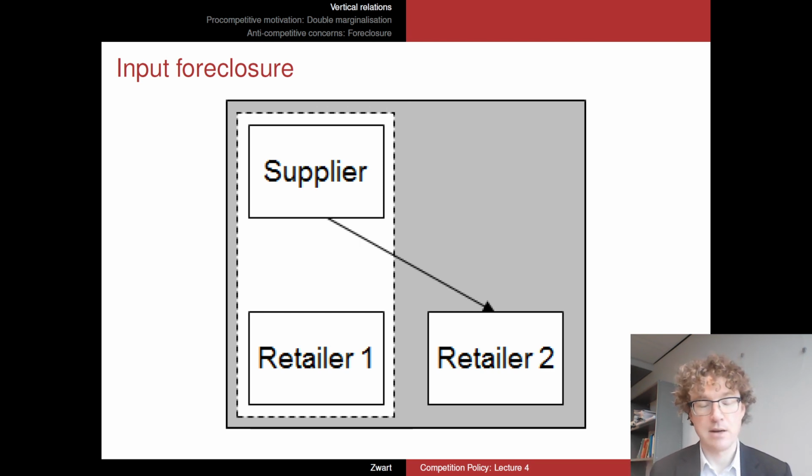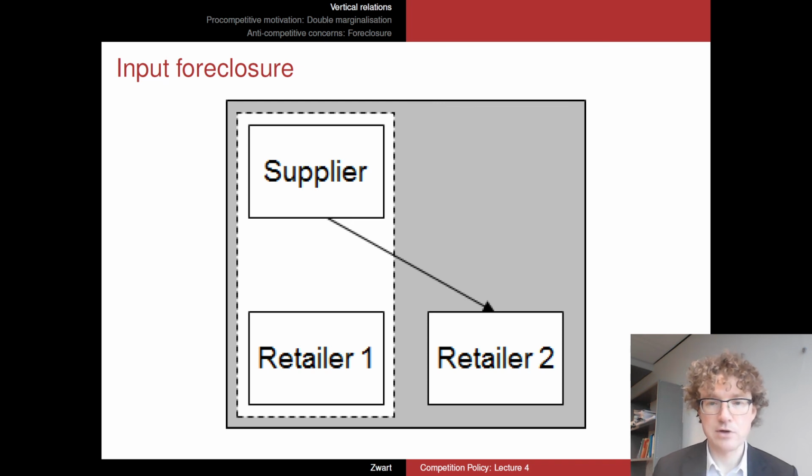They might either be integrated in a single firm after a merger, or they might have an exclusive contract which will prohibit the supplier from selling their upstream input goods also to retailer 2, therefore forcing retailer 2 out of the market for this particular product.